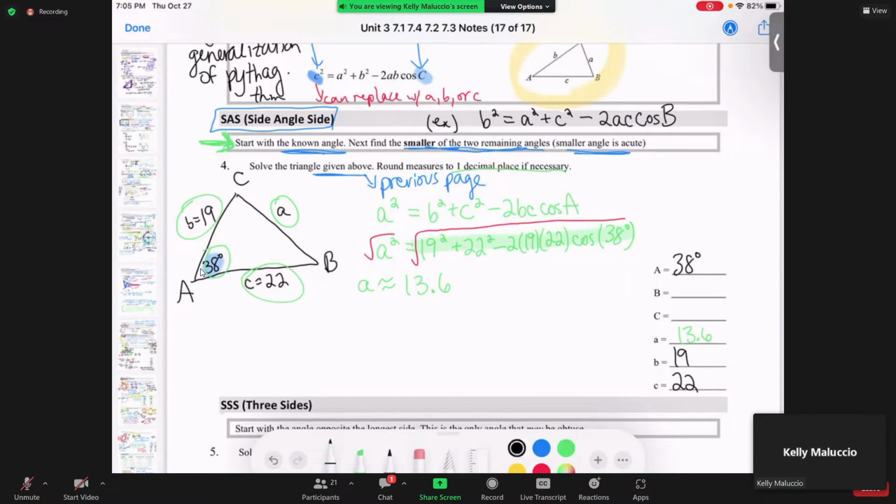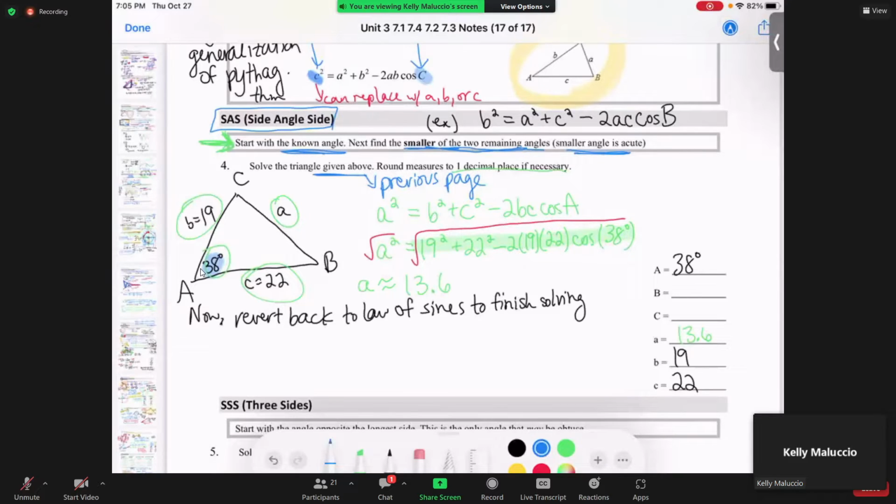So I'm going to say revert back now to law of sines to finish solving. Because now we can do law of sines.